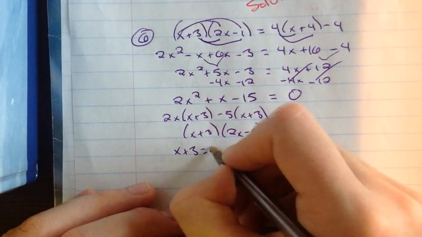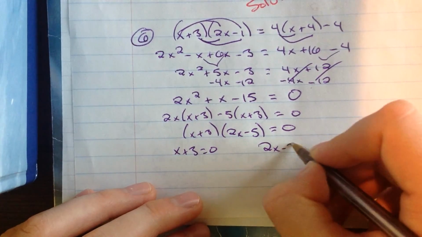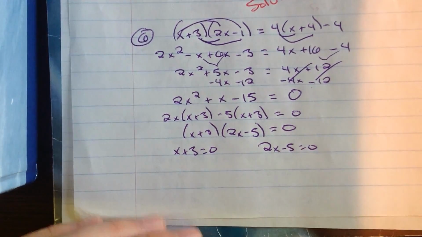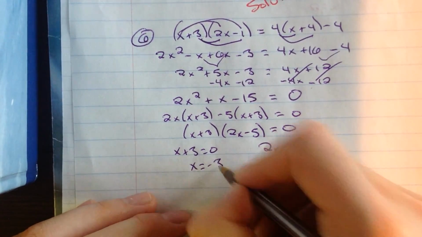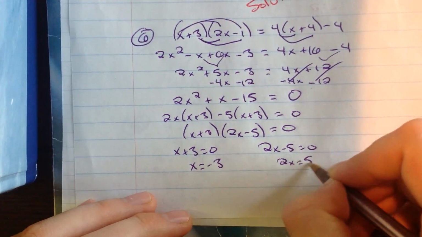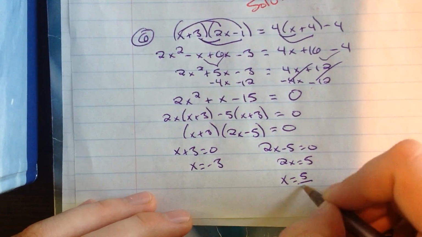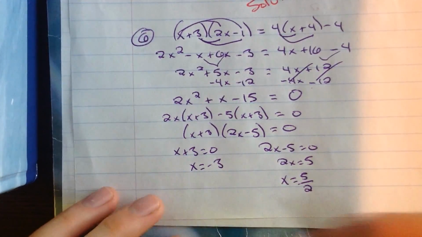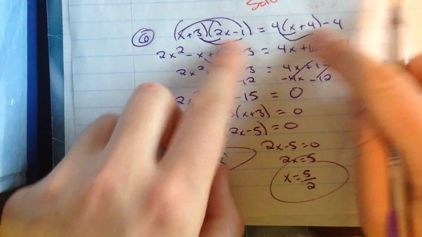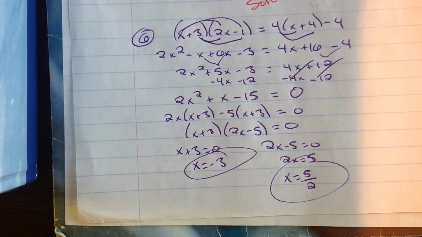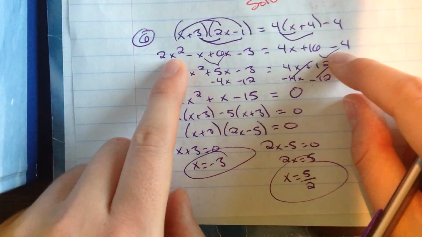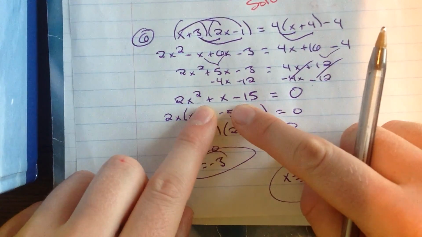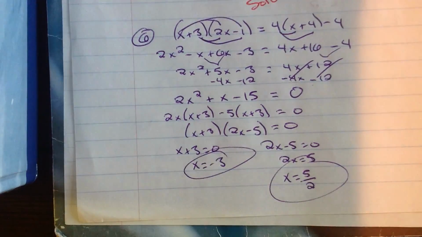That means one option is x plus 3, one option is that. So I get x equal to negative 3, 2x equal to 5, x equal to 5 halves. And those would be my two solutions that would make this whole thing 0. So the first thing you need to do is completely get rid of the parentheses, combine your like terms all to the same side, and then you can factor and set equal to 0.